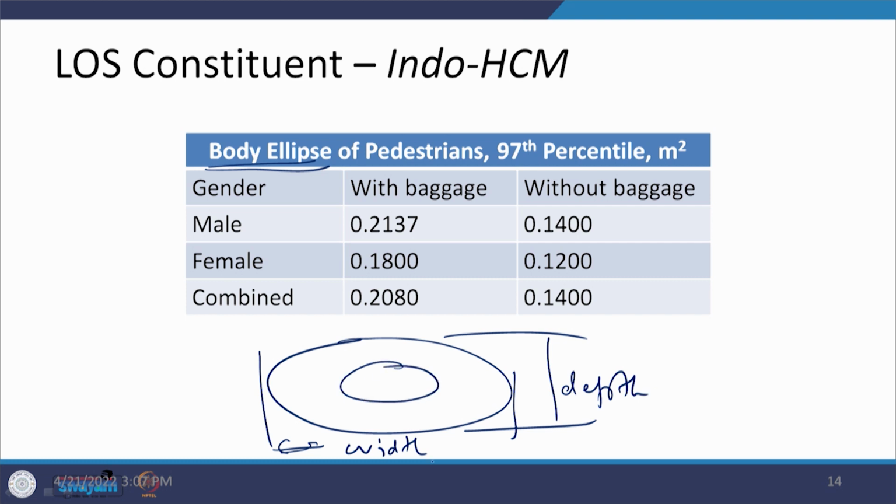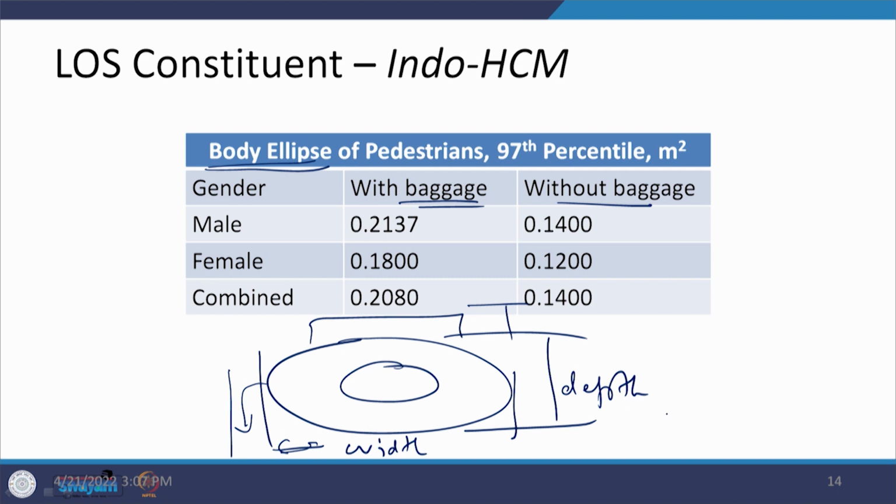There are two cases being talked about here: one with baggage and another without baggage. Say if you have a pack at the back, then this depth is going to increase. Or if you are carrying something in hand, then the width is going to increase on the other side.